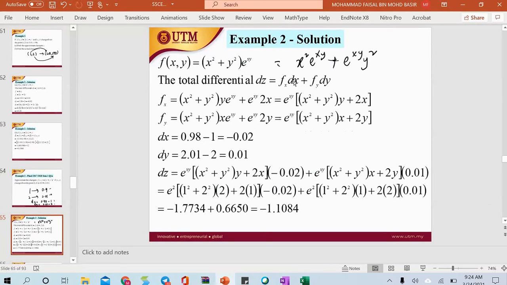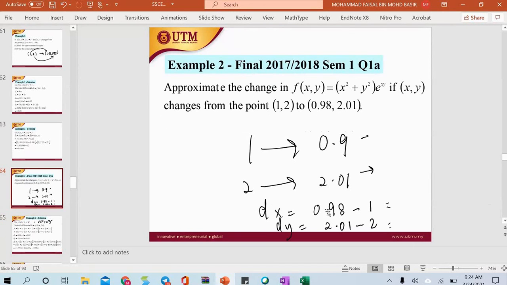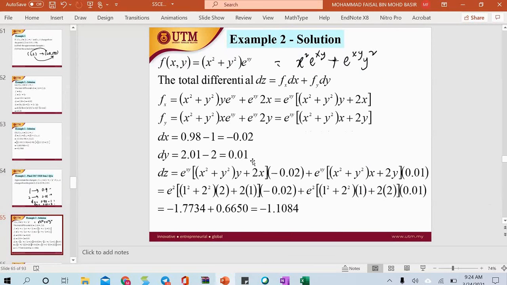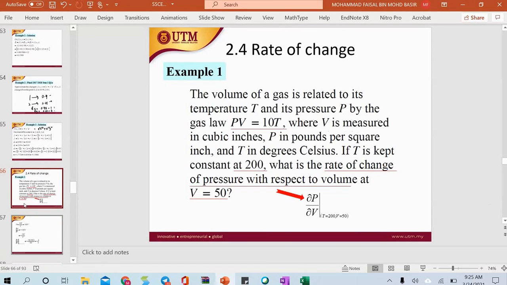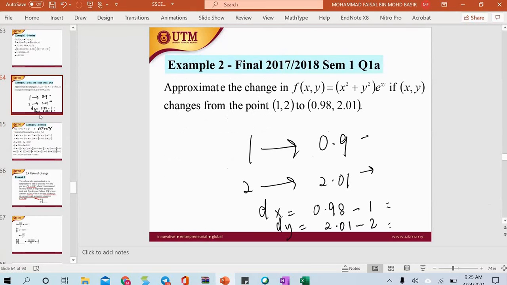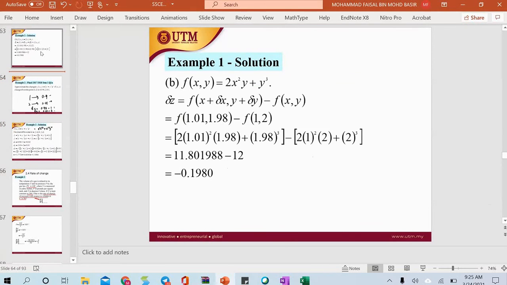And dx must be the new value minus the original, so one will be negative, one will be positive. So just substitute. Then you get the answer. Your x here and y here should be 1 and 2. That's why they put 1 and 2. Okay, can everyone follow?